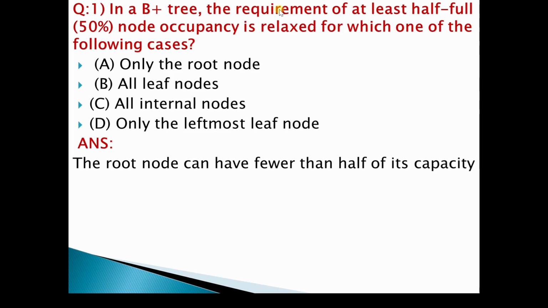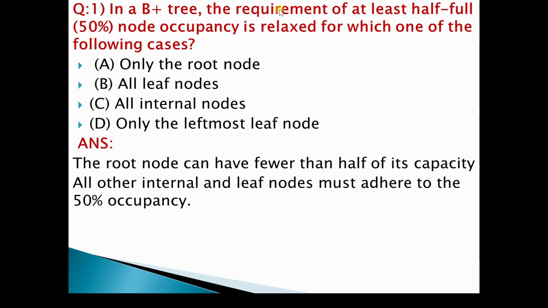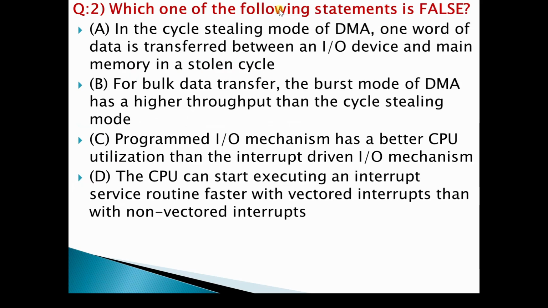Most probably it can have just one entry, for instance if it is a small tree. But all the other internal and leaf nodes must adhere to 50% occupancy. That is the rule to maintain the balance of the tree. So the correct case where the 50% occupancy rule can be relaxed is only the root node. This is the answer. So let's go to the second question.